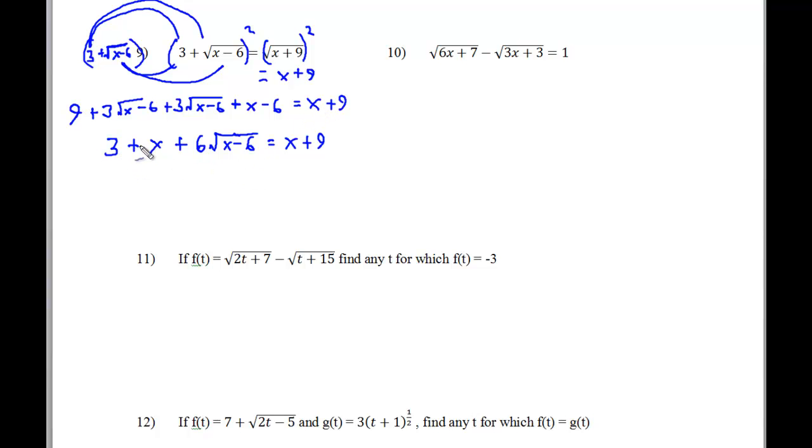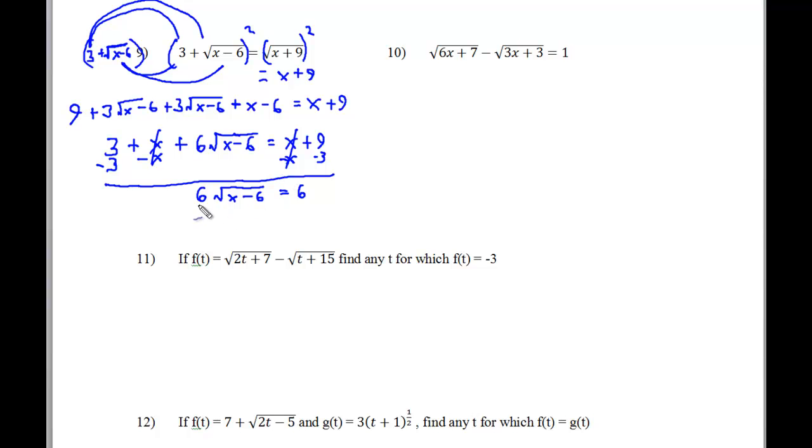Let's move everything over to one side now. So I subtract the x's, and something nice happens, these do simplify. Subtract the 3's. So now what I have is 6 times the square root of x minus 6 is equal to 9 minus 3, which is 6.